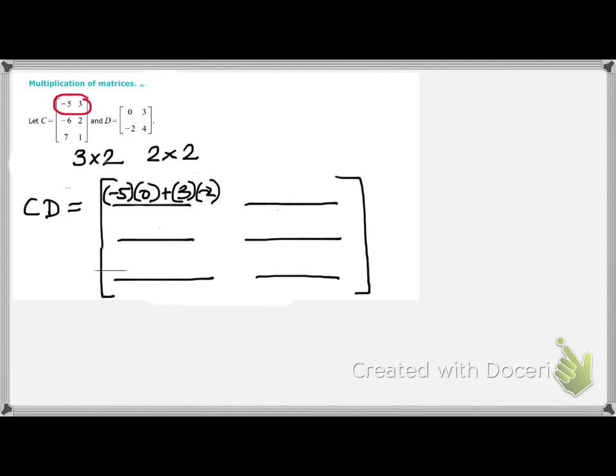Then to fill in this spot here, that's the first row, second column. So I'm going to use the first row, second column. And that will be -5 times 3 plus 3 times 4.